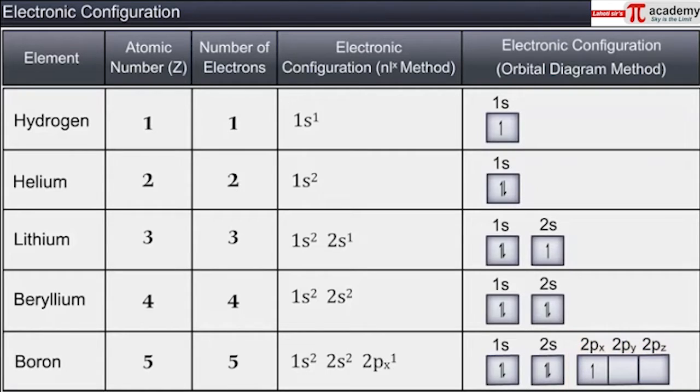Actually, the fifth electron may occupy any one of the three 2p orbitals: 2px, 2py, or 2pz, because all have the same energy. However, conventionally we always fill 2px, 2py, and 2pz in that order.